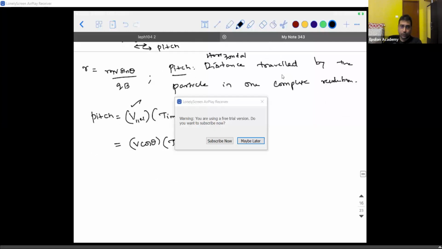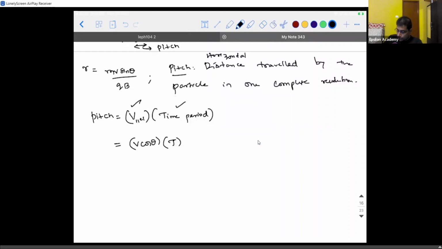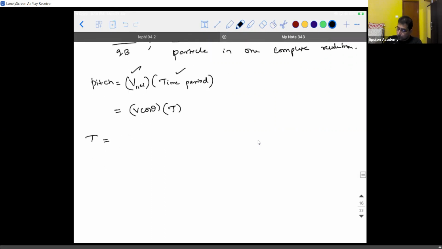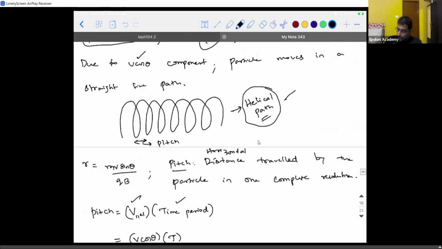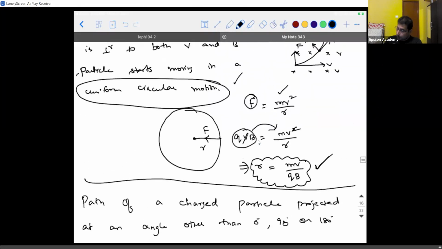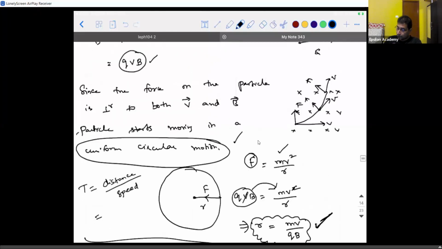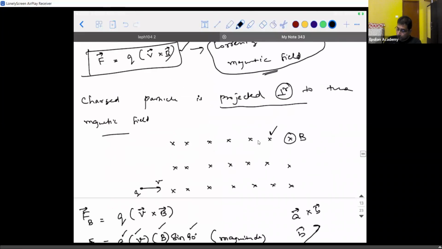For time period, listen, we will calculate it like this. I'll go back to the previous topic. We know that the radius of the circular path is m v divided by q B, no? For this circular path, if I ask you what is the time period, what are you going to tell me? Time period is equal to distance by speed. The previous topic was a charged particle projected perpendicular to the magnetic field.